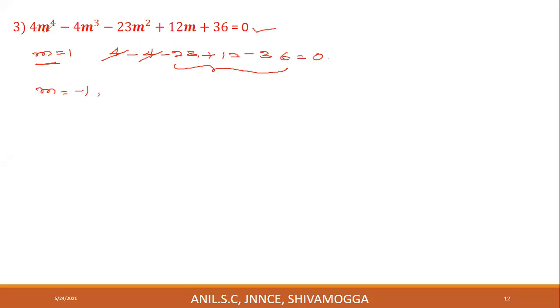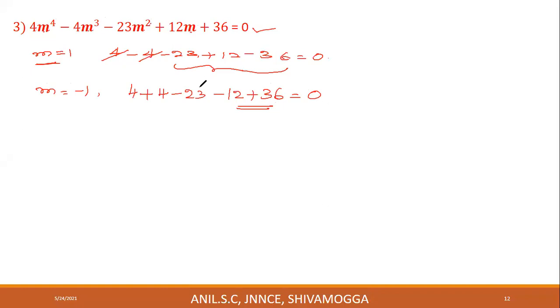When m is equal to minus 1, power 4 is 1. 1 into 4 is 4. Minus 1 power 3 is minus 1. Minus 1 into minus 4 is plus 4. Minus 1 whole square is 1. 1 into minus 23 is minus 23. Minus 1 into 12 is minus 12 plus 36 equal to 0.